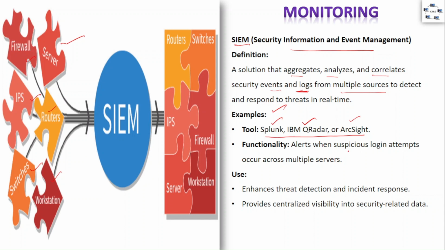Functionality is that it alerts when suspicious login attempts occur across multiple servers. So this is just one example of its functionality. It has hundreds and thousands of functionalities and use cases. And its use is that it enhances threat detection and incident response and provides centralized visibility into security related data.